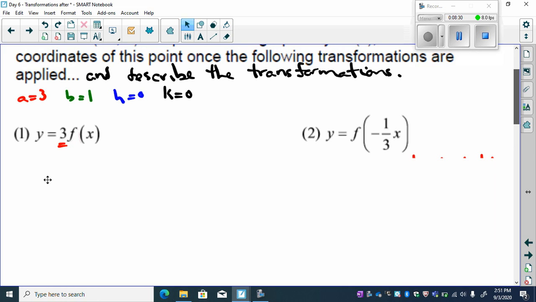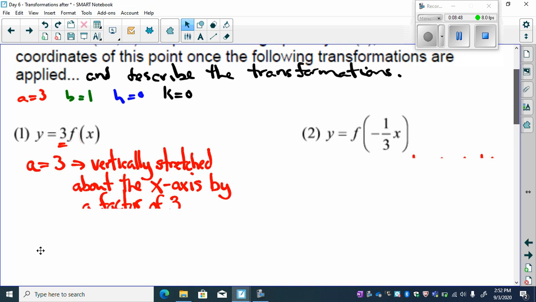So let's describe that. a equals 3, which is a vertical stretch about the x-axis by a factor of 3. There would be no vertical reflection in the x-axis because a is positive.